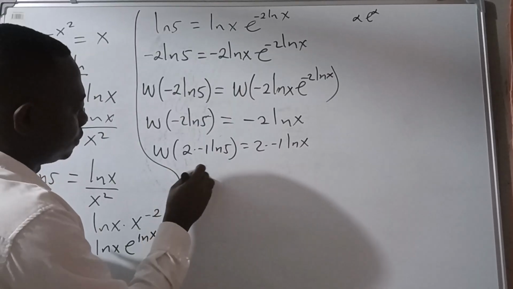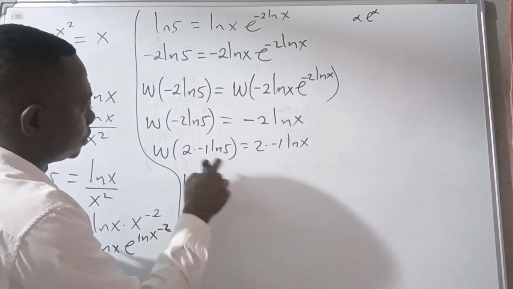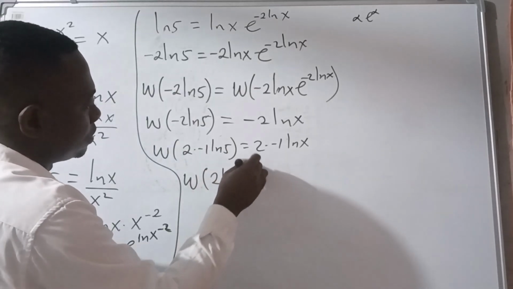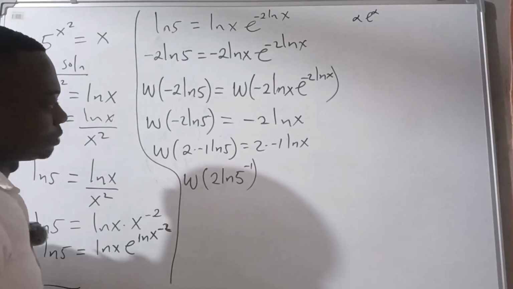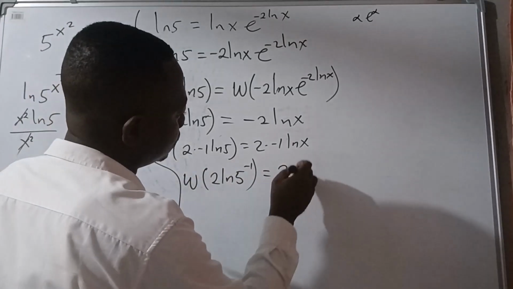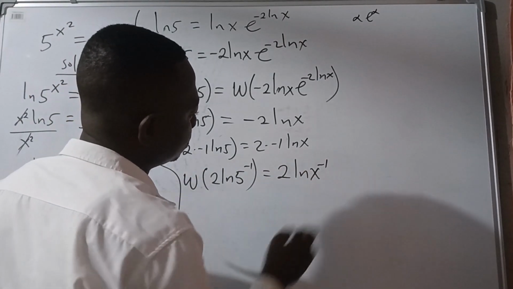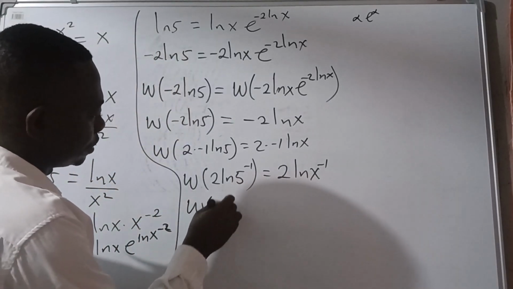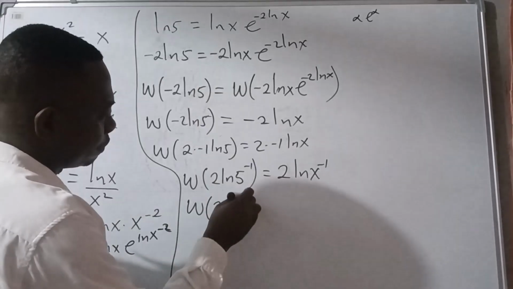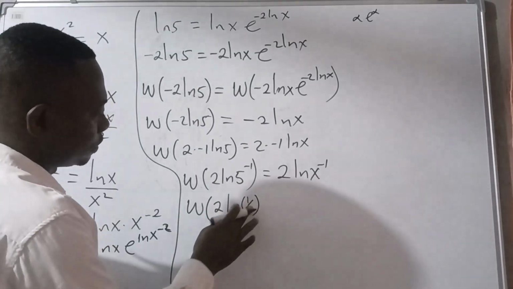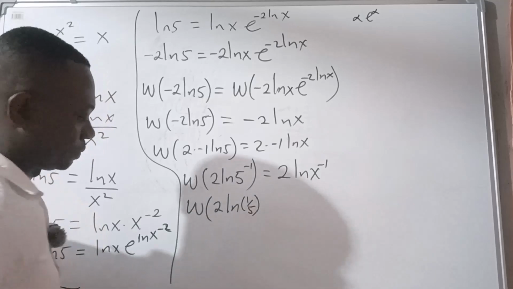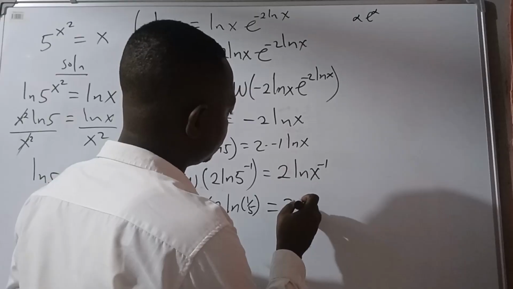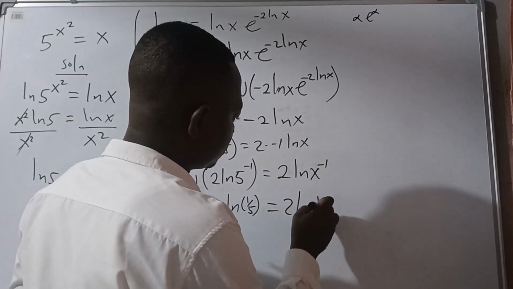So we have the W function, so the negative will come here: 5 to the power of minus 1 will be the same as 1 over 5, and x to the power of minus 1. So we have the W function of 2 ln of 1 over 5, and this side will be 2 ln of 1 over x.